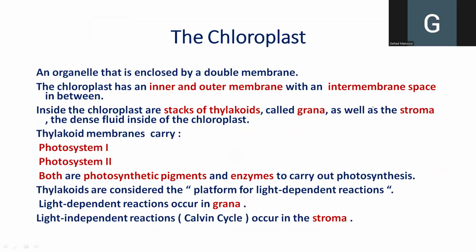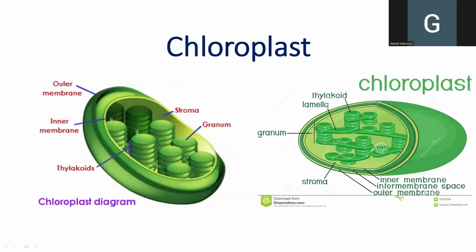Of course, we have studied the chloroplast before, and we have mentioned that we have an outer membrane and an inner membrane, and the inner membrane is thrown into folds. These folds are called thylakoids that pile together to form a granum, and the stroma is outside the granum.